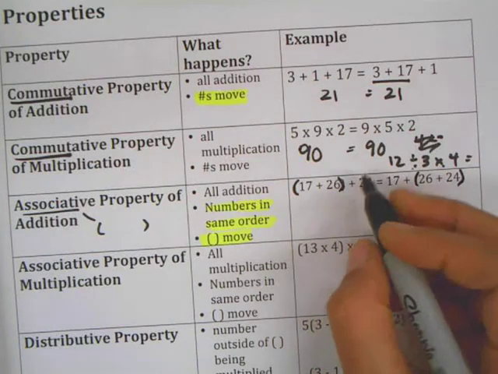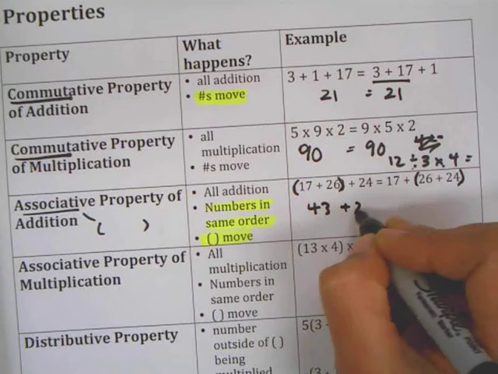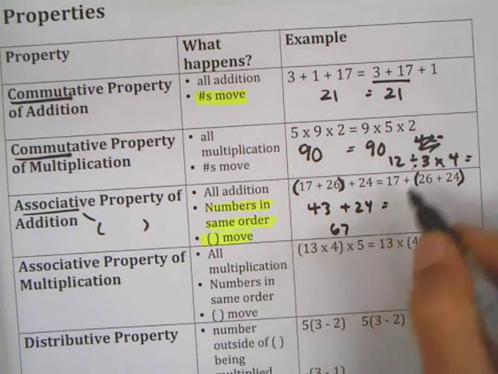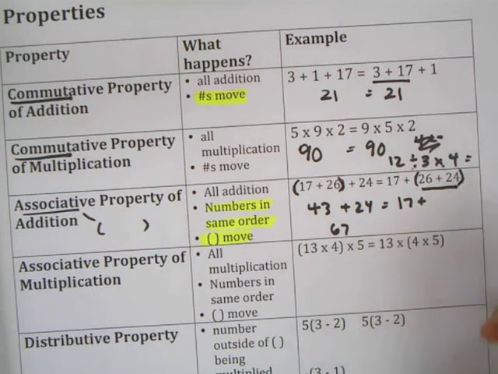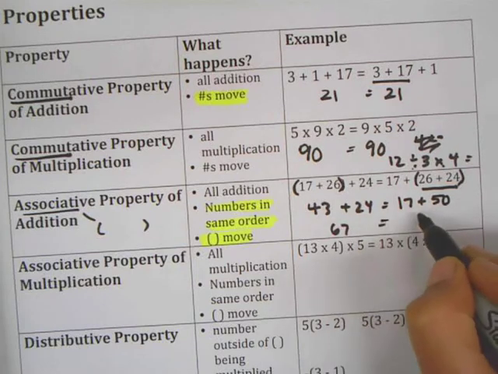So 17 plus 26 is 43 plus 24. Okay, so we get 67. And then over here, we're going to go 17 plus, and I'm going to do the part in the parentheses first. 26 plus 24 is 50.